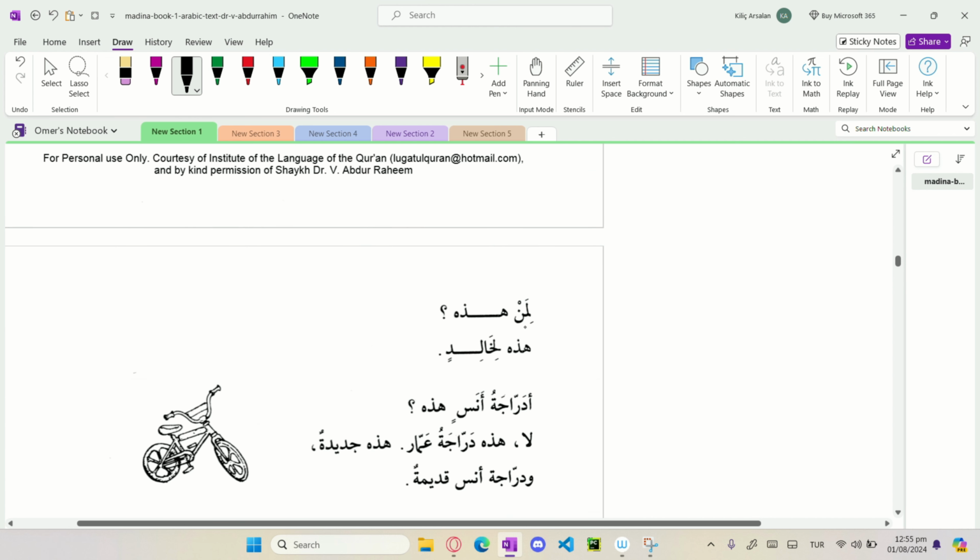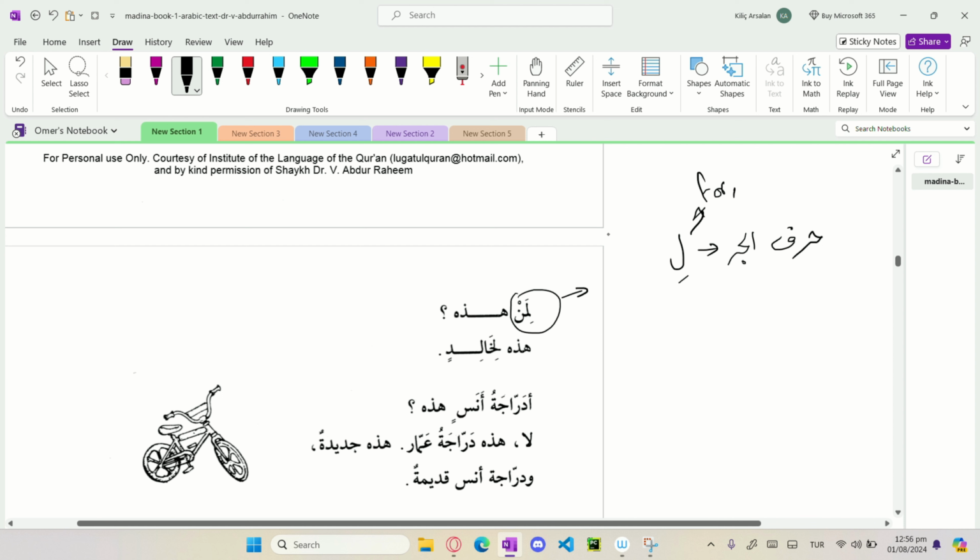لمن هذه? So this is a new important combination. لمن. So li is a harful jar. Li is a harful jar. So liman hazihi, yani whose, and li has multiple meanings, but for now you can translate it to for, when you want to ask about the belonging of something.